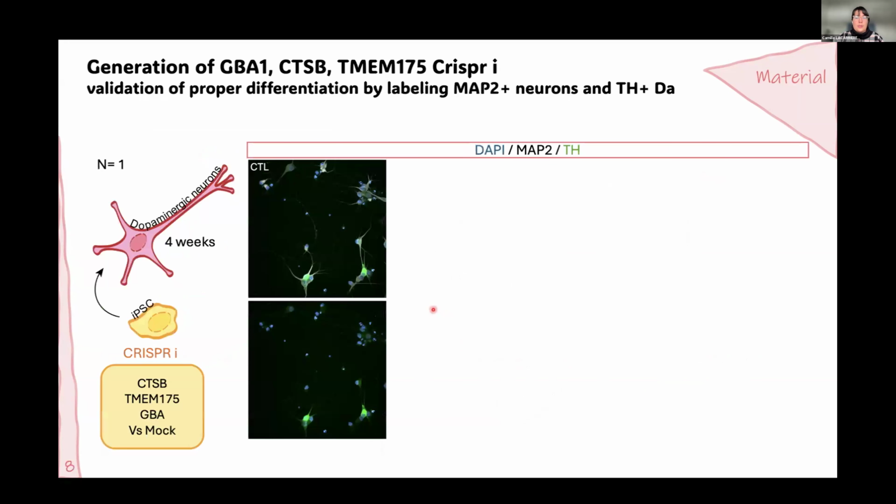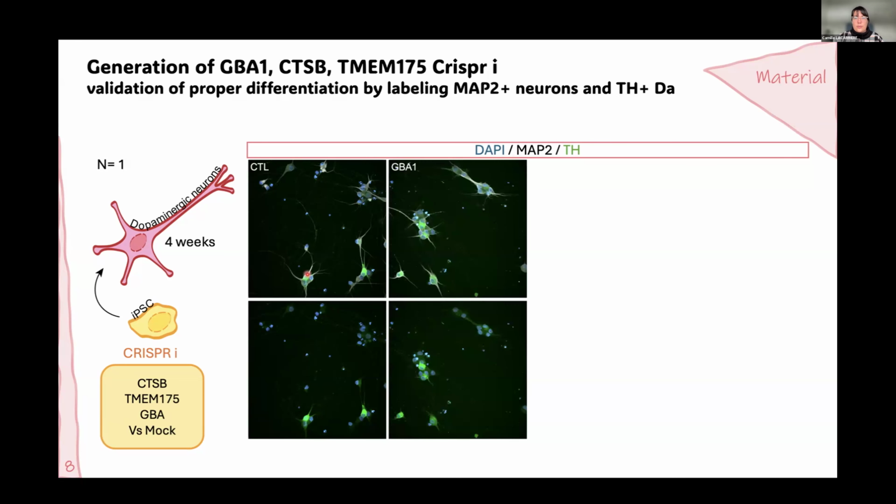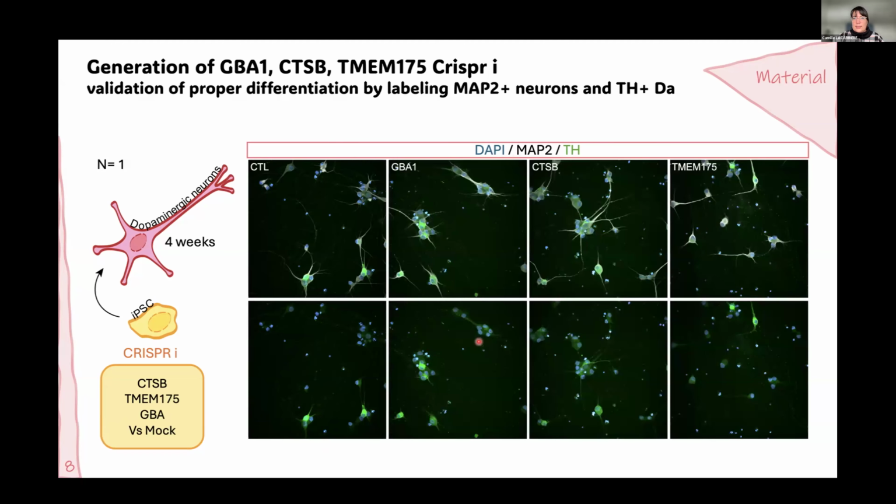So then we wanted to validate that the neurons can have a proper differentiation, by looking at MAP2 neurons, which are in white here, and the TH marker, which is in green here. So for the control, for GBA1, CTSB and TMEM175, in this case for the CRISPR-I line.